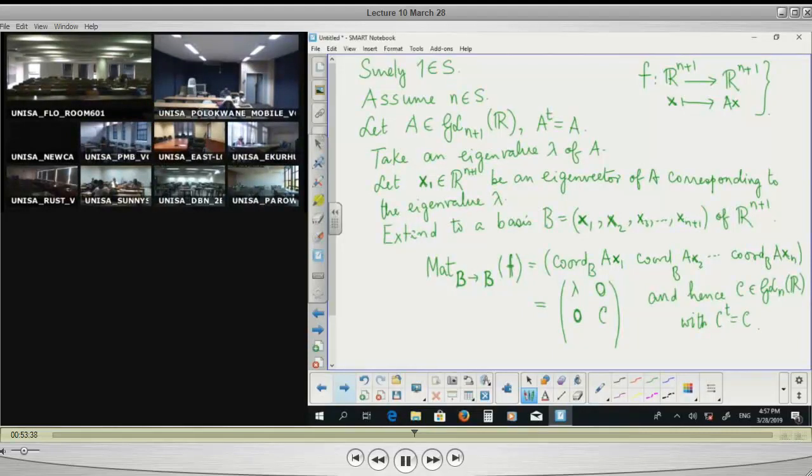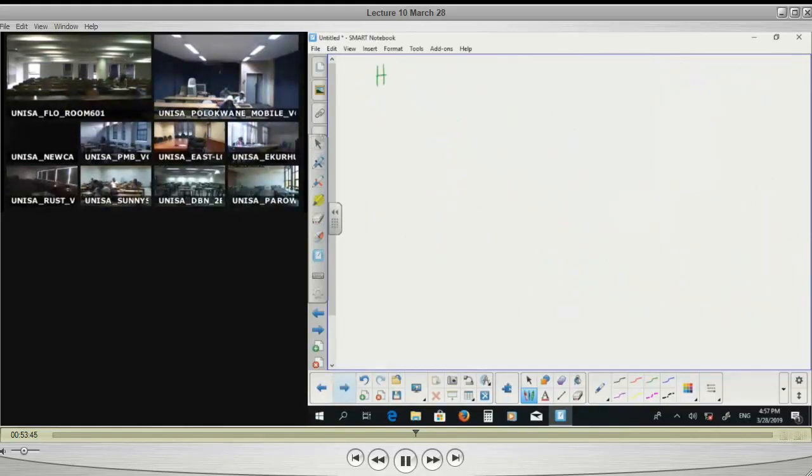Hence, x minus, so herein I'm using the fact which I used last time also. Okay? Clear?